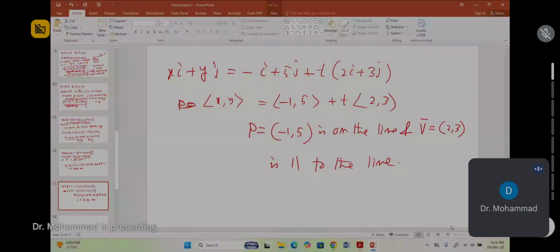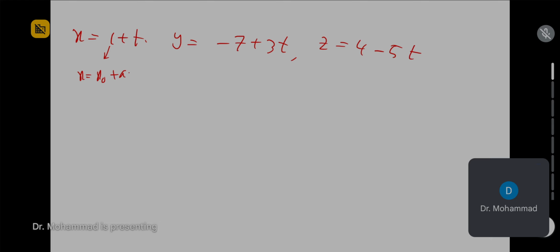So let's say the problem is, x equals 1 plus t, y equals minus 7 plus 3t, and z equals 4 minus 5t. So you see now, this is our x naught. Just compare with this.